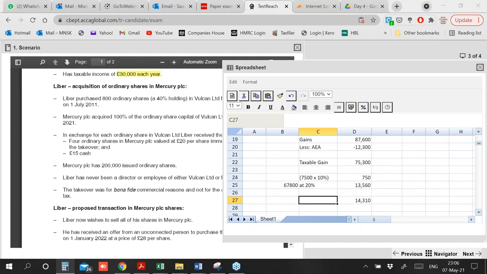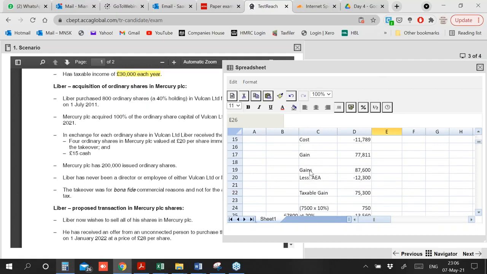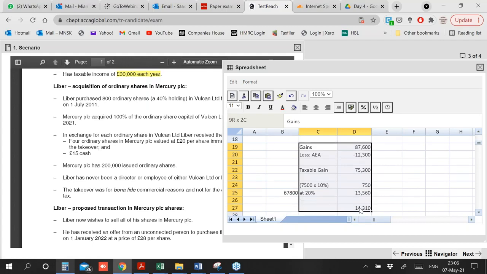Secondly, there will be some basic rate band available next year as well. So as you know, we always have to tell them the differential tax savings. So I'll calculate the tax liability next year as well. For that, I will copy all of this data because that will help me, and I'll just change the figures.